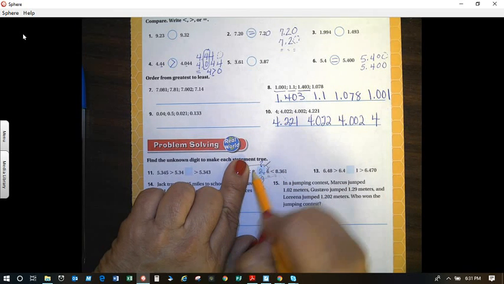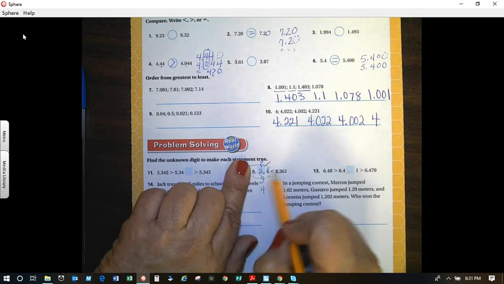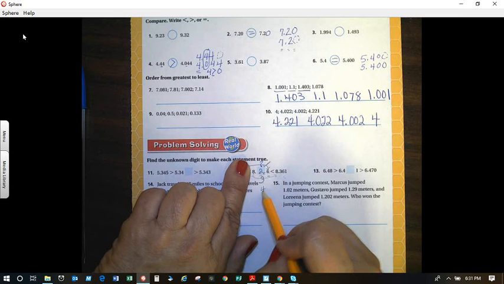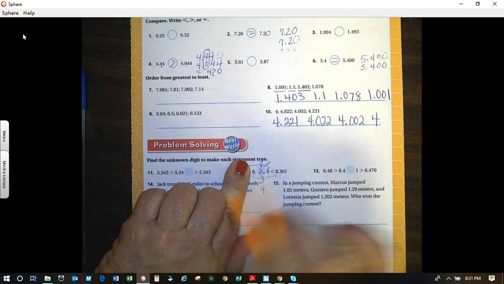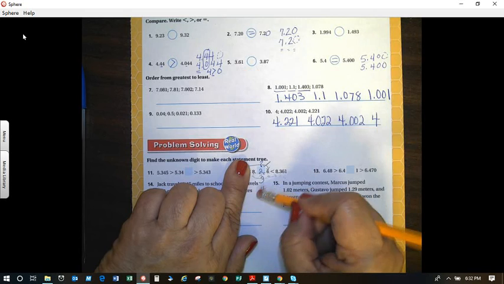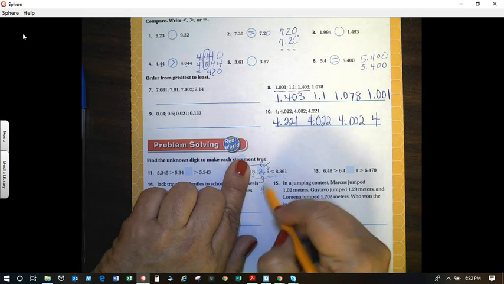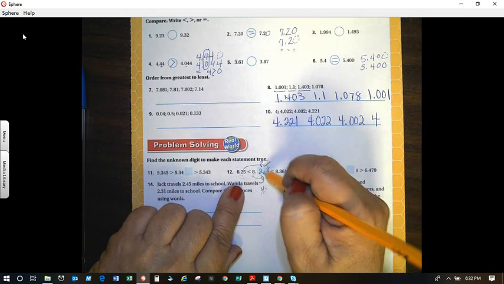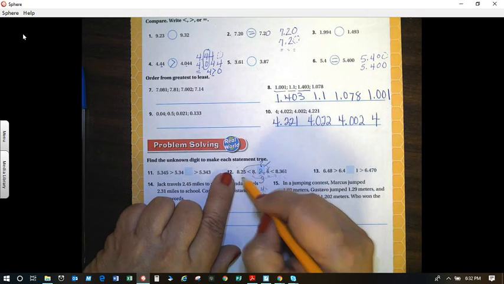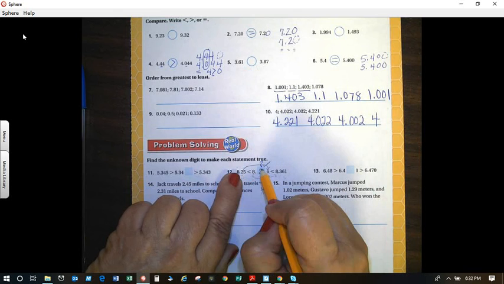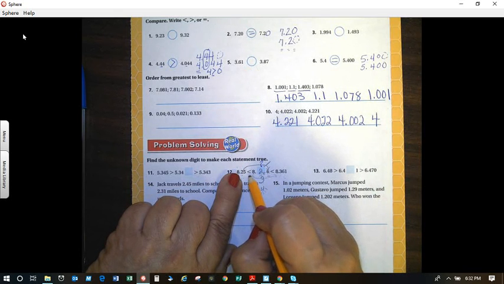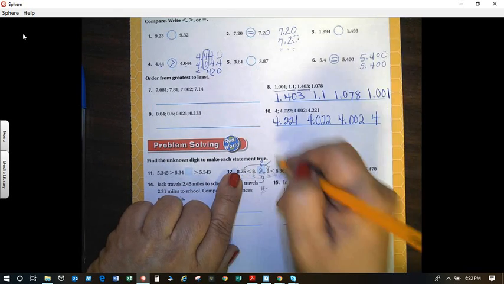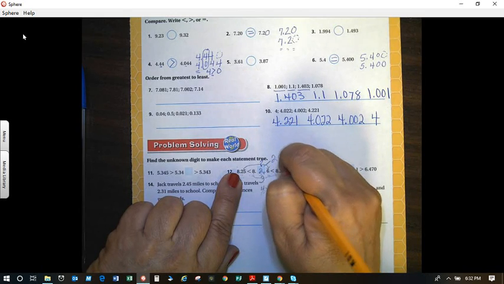Let's look. 8 and 8 are equal. I'm going to my tenths place. 4 and 3. So no, that doesn't make it a true statement. So my 4 will not work, but my 3 and my 2 will. And the 1 won't, because 8 and 8 is equal, but 2 is greater than 1, but that doesn't make it a true statement. So the possible answers could be 2 or 3.